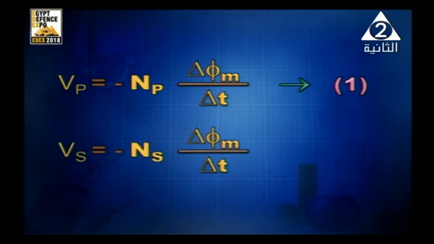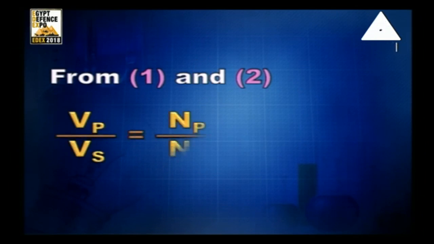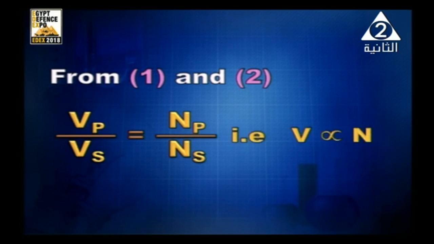Also, the EMF induced in the secondary coil, denoted by Vs, is equal to minus Ns, the number of turns on the secondary, times the same rate of change. We assumed it is 100% efficient. By division, from 1 and 2, we can say Vp over Vs is equal to Np over Ns.